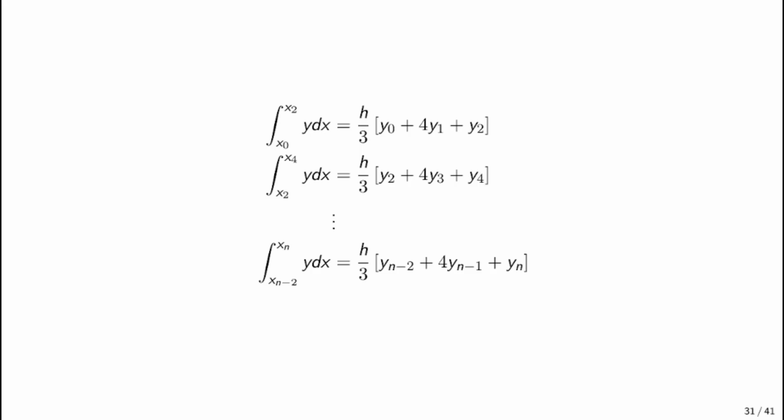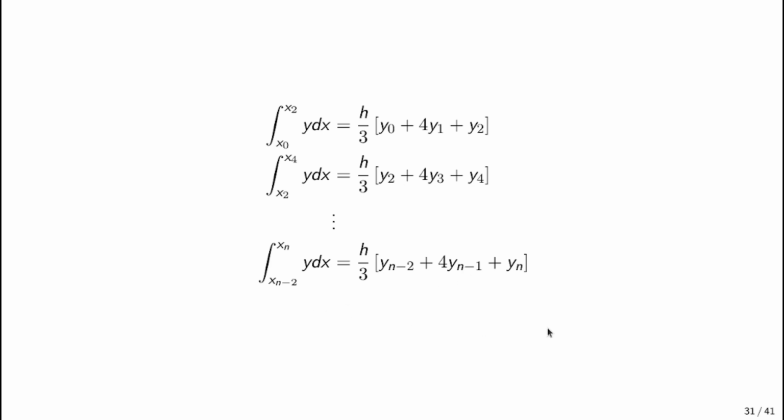Now we will repeat this process with the next intervals, that is x2 to x4, x4 to x6 and so on up to xn minus 2 to xn. So we will get h by 3 times y naught plus 4y1 plus y2, h by 3 times y2 plus 4y3 plus y4 and so on.